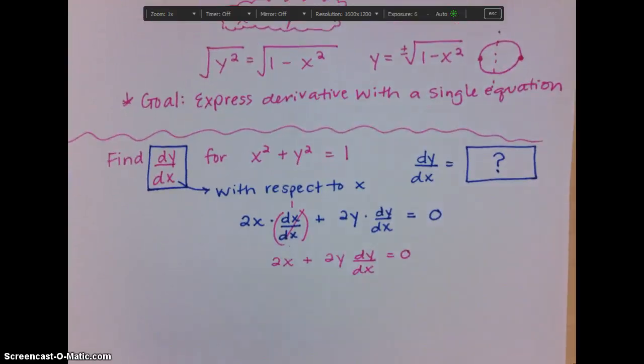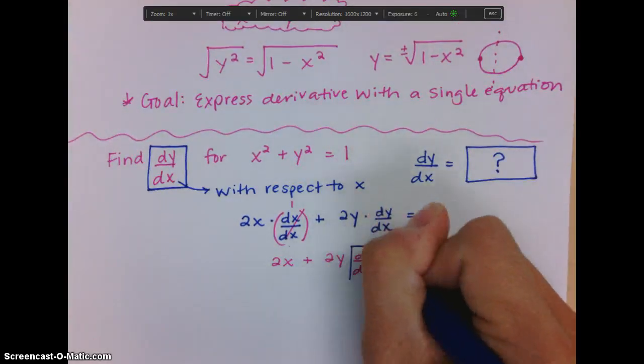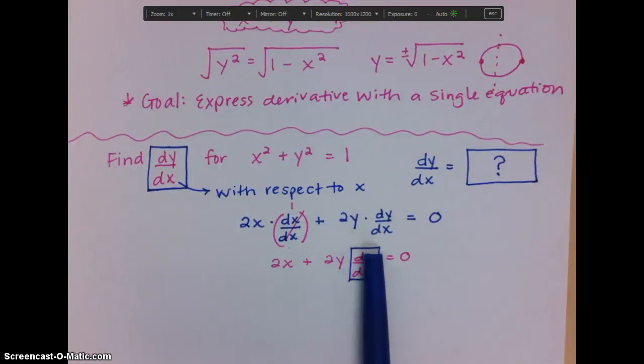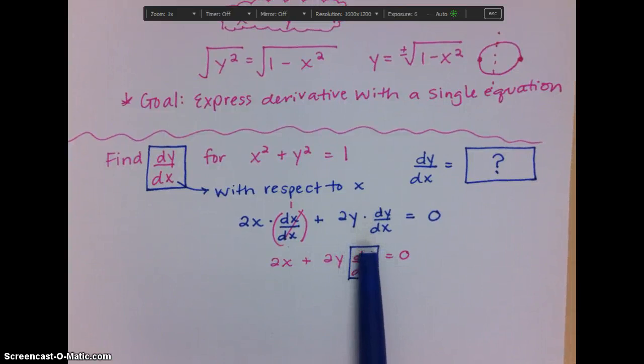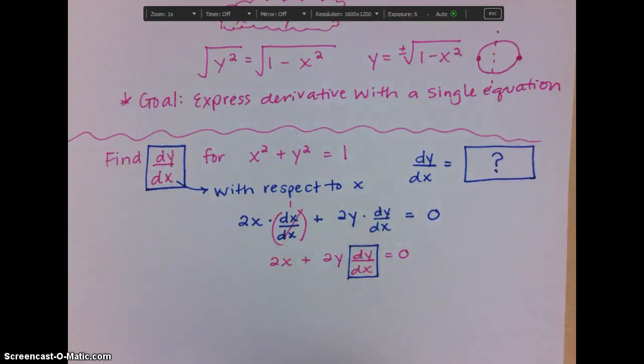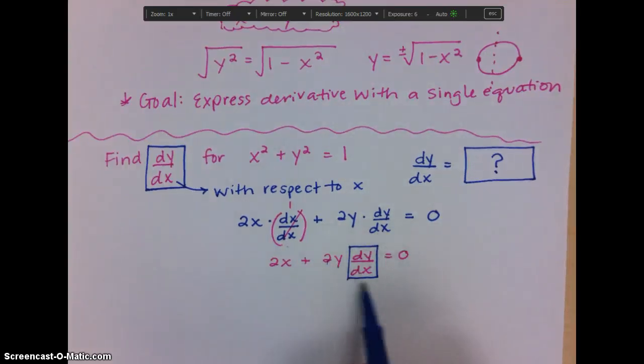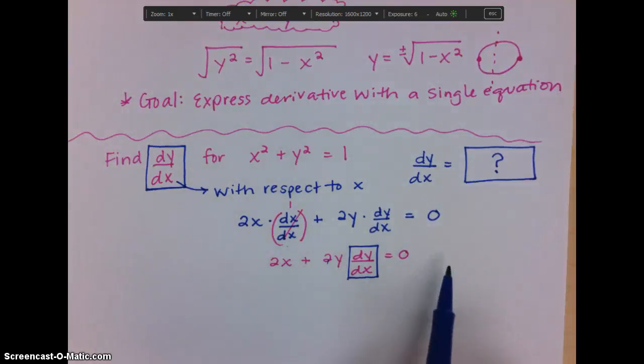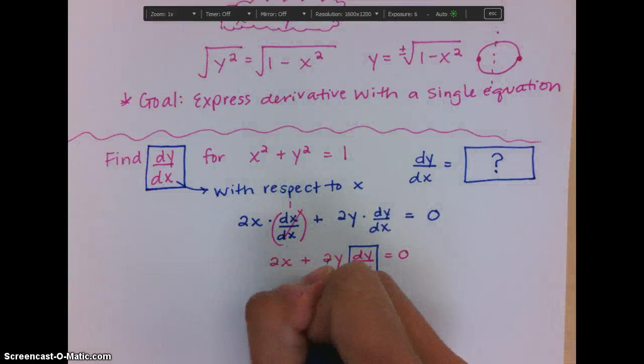So what I need to do is isolate this variable right here. And even though it's a complicated variable, it's still just a variable. So imagine isolating any variable. What you'd have to do is first isolate the term of the variable, and then isolate the variable itself. So the first thing I'm going to do to isolate the term is to take the 2x and move it over to the other side.